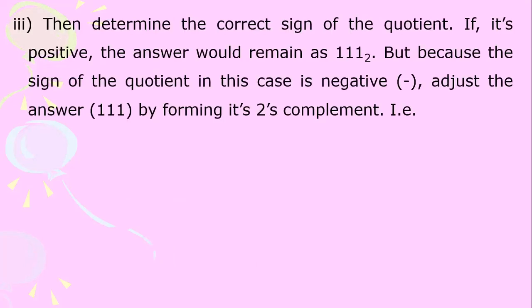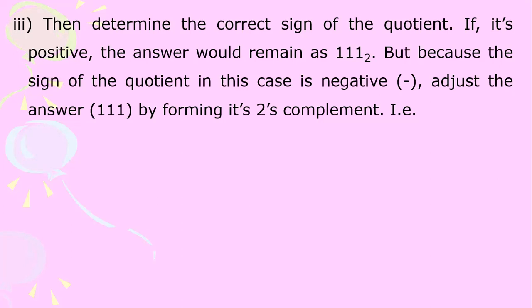Then determine the correct sign of the quotient. If it's positive, the answer would remain as 1, 1, 1. But because the sign of the quotient in this case is negative, we convert the answer 1, 1, 1 by forming its 2's complement.